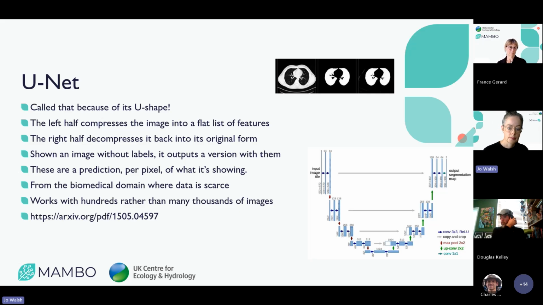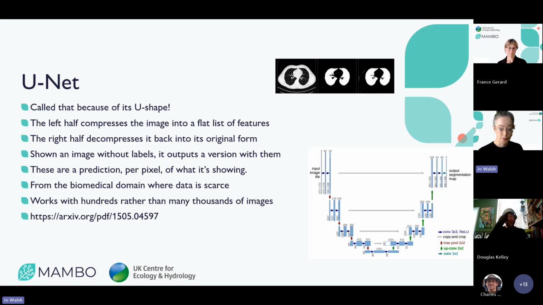So the design is called a UNet. The original UNet paper comes from the biomedical domain. You can see, I think that's a wee image from the paper, detecting the outlines of lungs and whether or not they've got certain conditions, with the label and then the prediction based on the input image.